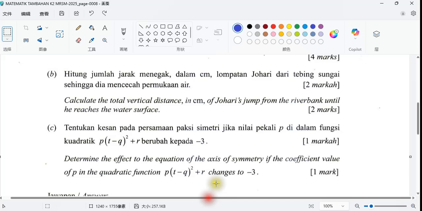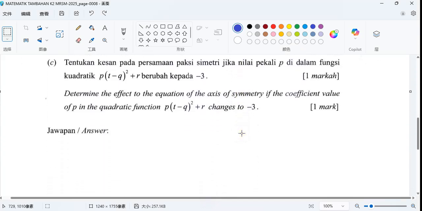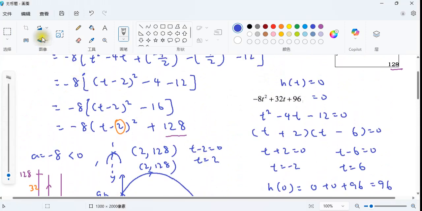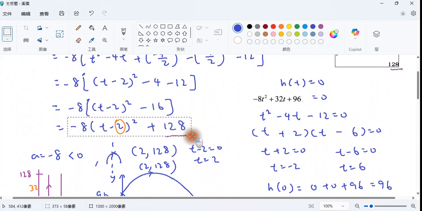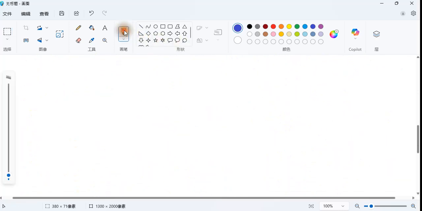And then C. Determine the effect to the equation of the axis of symmetry if the coefficient of p changes to -3. Okay, so if the coefficient becomes -3, we change -3 only.